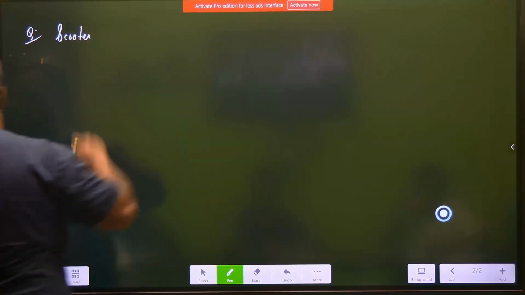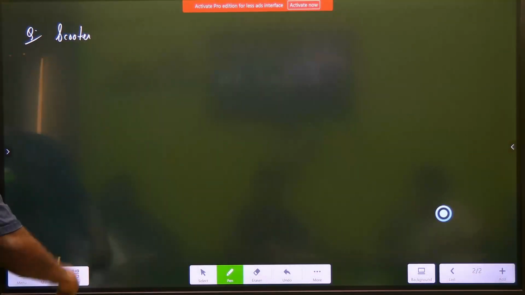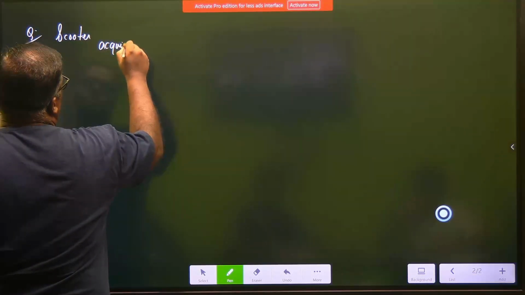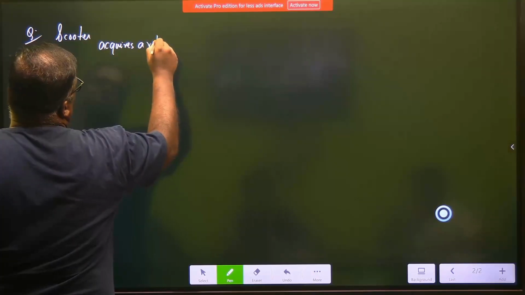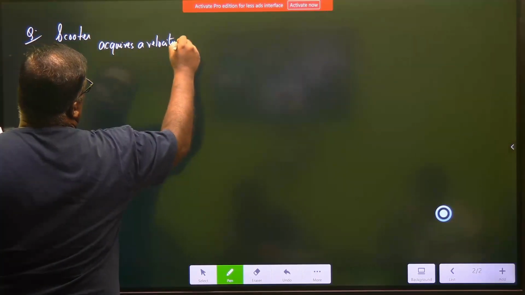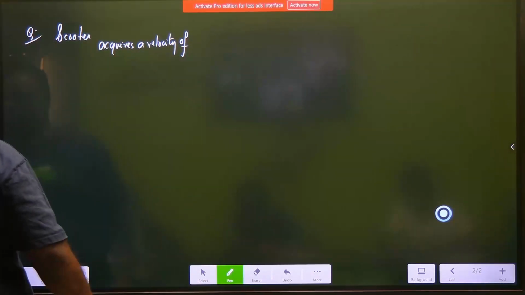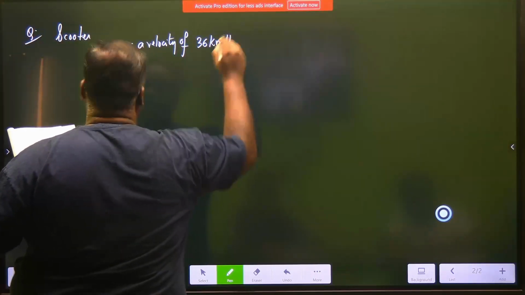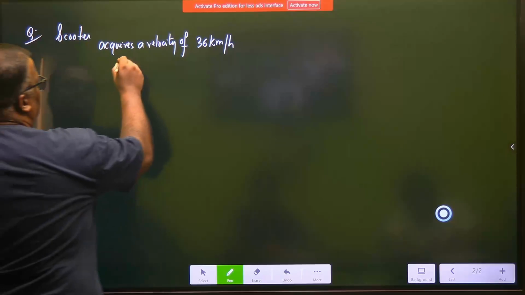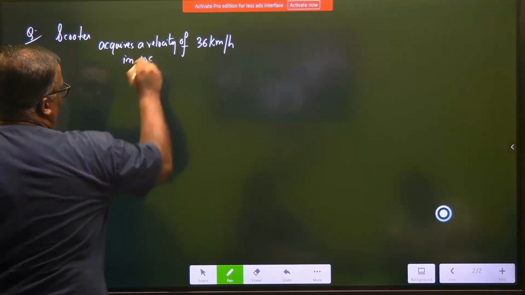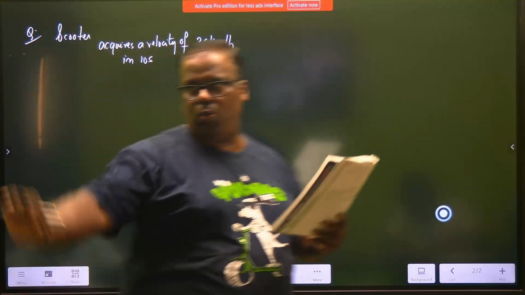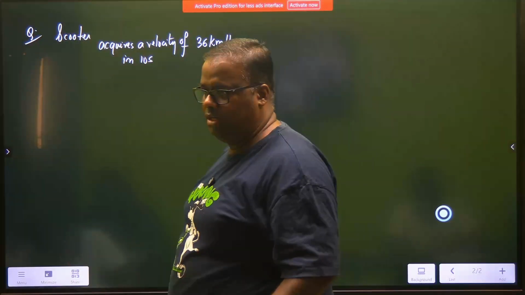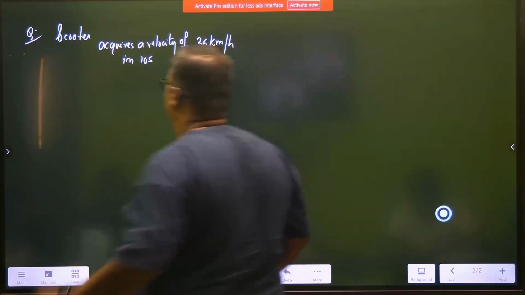I have a scooter, and this scooter acquires a velocity of 36 kilometer per hour in 10 seconds. It has started, and in 10 seconds it has taken up how much speed? 36 kilometers. Now there will be some keywords.